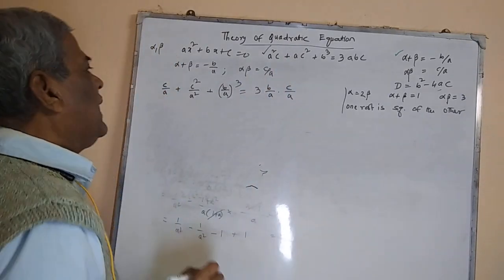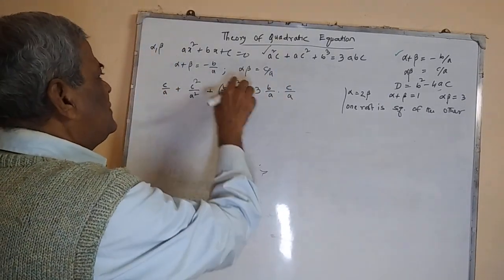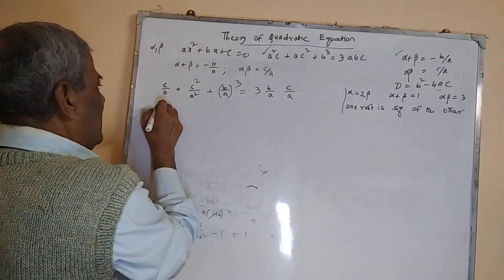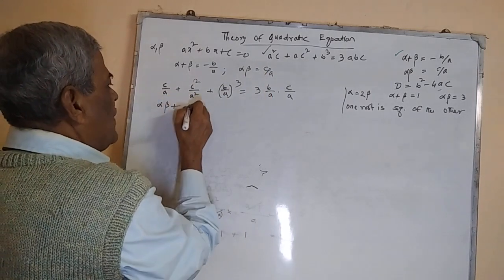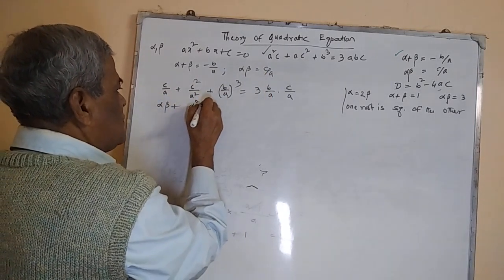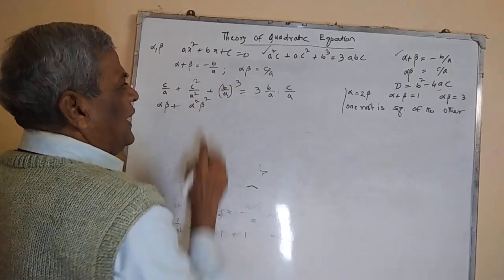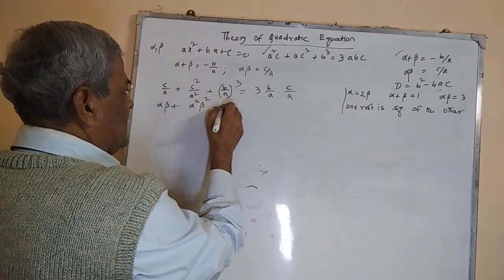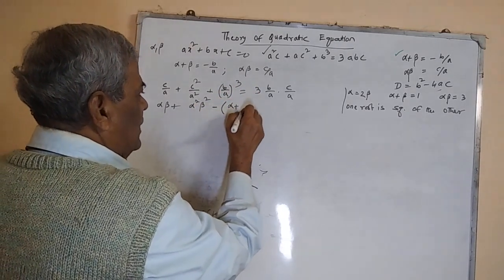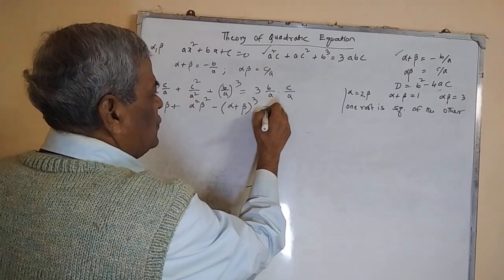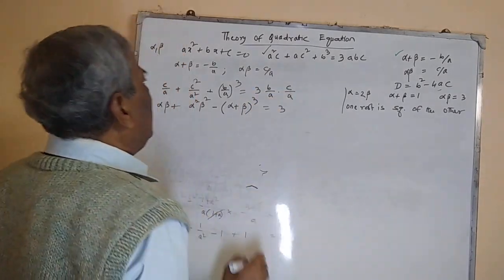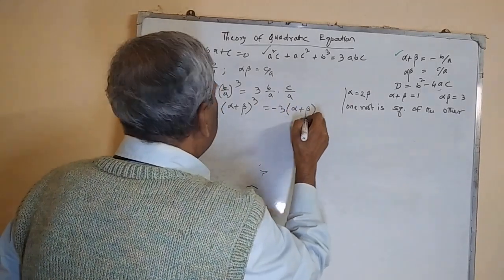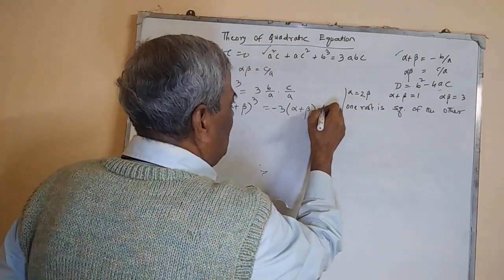Now, very easily we can put the value of all these things in terms of roots. C by a is alpha beta. C square by a square is alpha square beta square. B by a means minus alpha plus beta, its whole cube. So minus alpha plus beta whole cube is equal to 3 times b by a, which is minus alpha plus beta, times c by a, which is alpha beta.